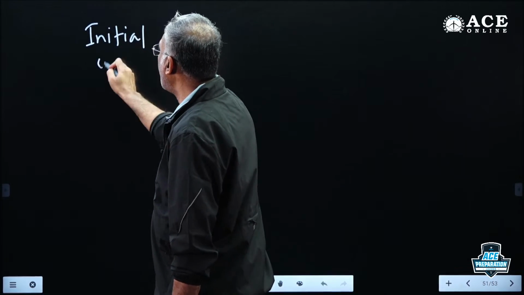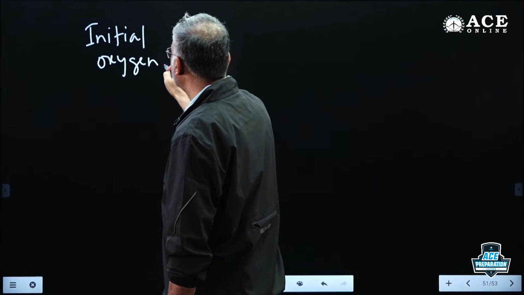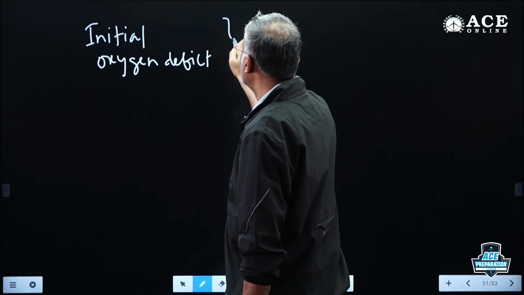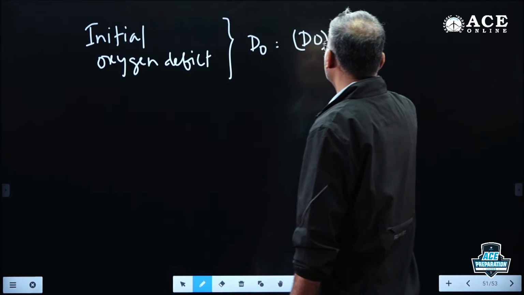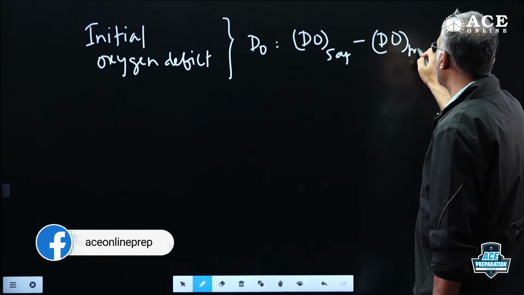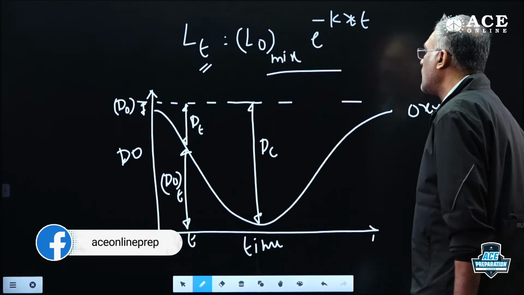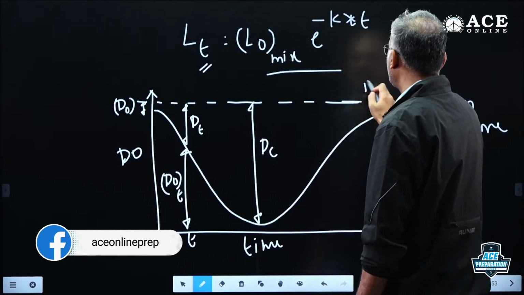So how to find the initial oxygen deficit? Initial oxygen deficit is D0, which is equal to DO sat minus DO mix. After disposing the waste, what amount of DO is there? That is DO mix. DO sat is DO at saturation.